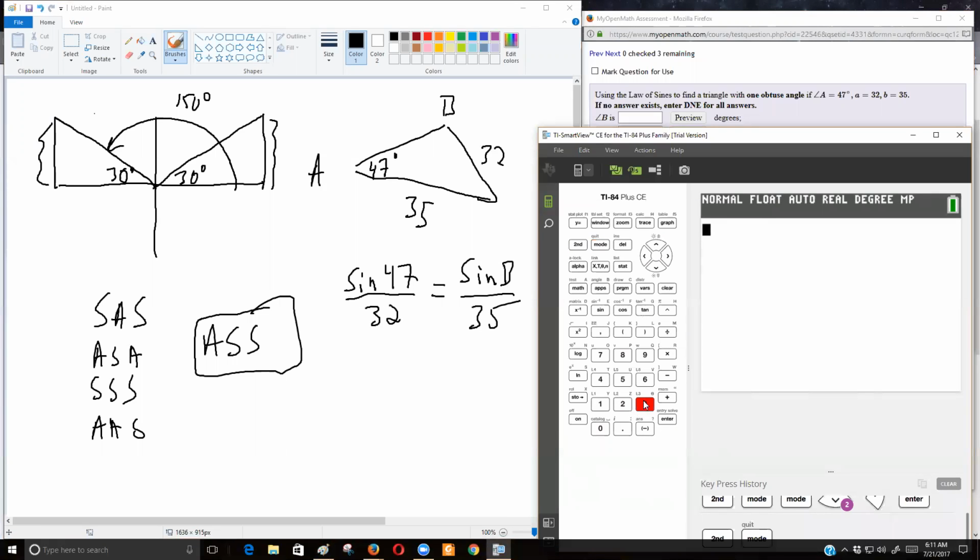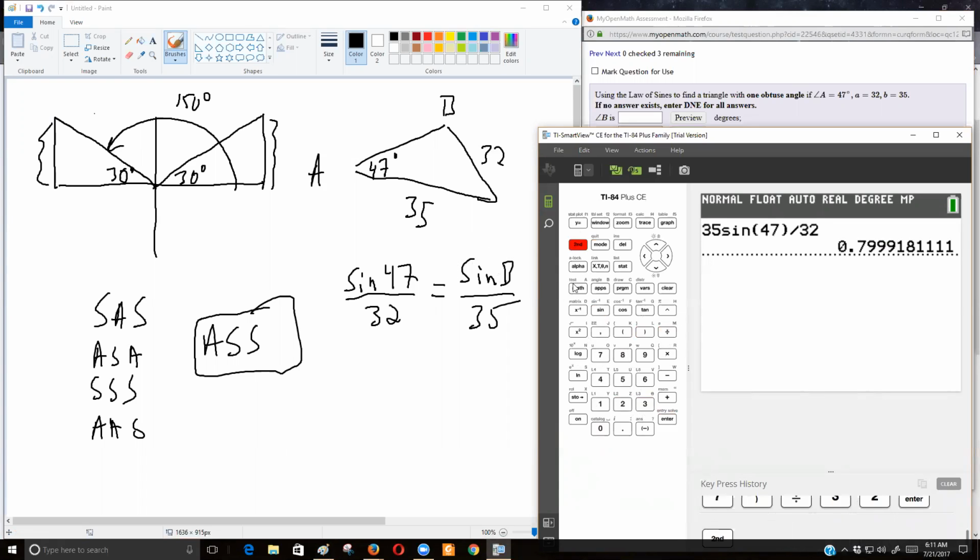So what's 35 times the sine of 47? Since this calculator follows order of operations, I'm just going to say divided by 32, and I get that for the answer. That's what the sine of angle B is, that decimal.